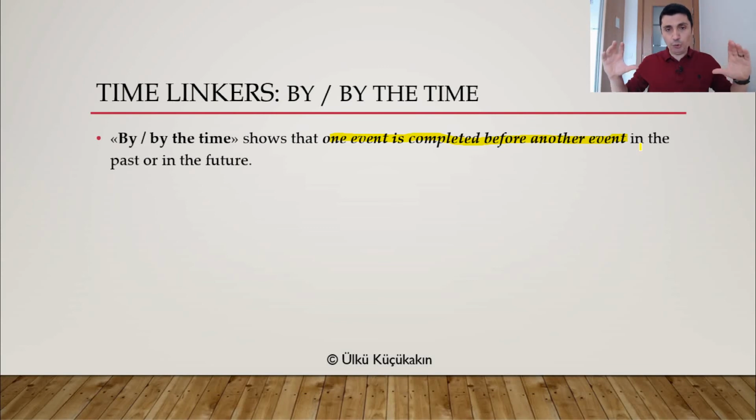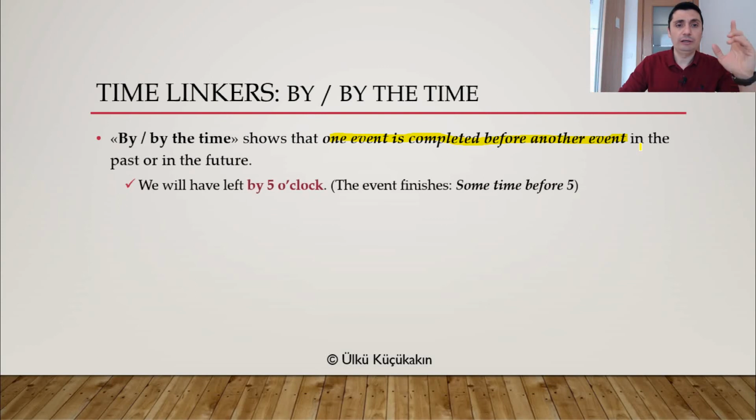It does not show that it goes on and on until that time. That is only with until. Now, I will give you other examples with by and by the time. We will have left by 5 o'clock. This shows the event finishes sometime before 5.